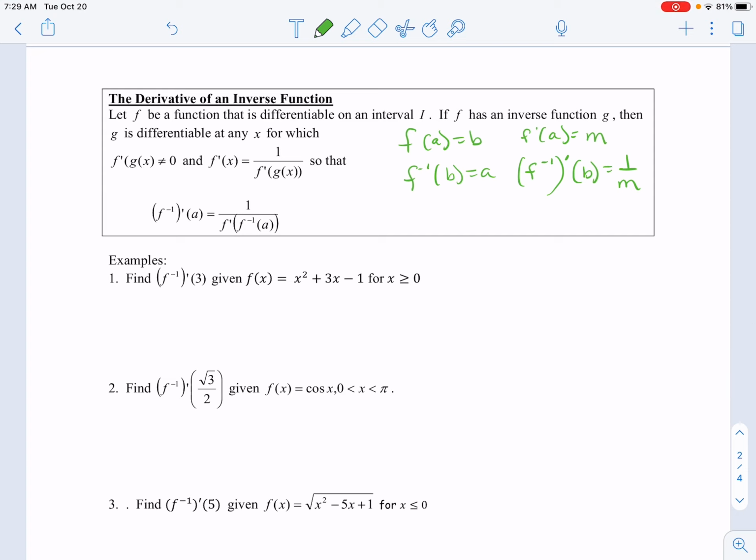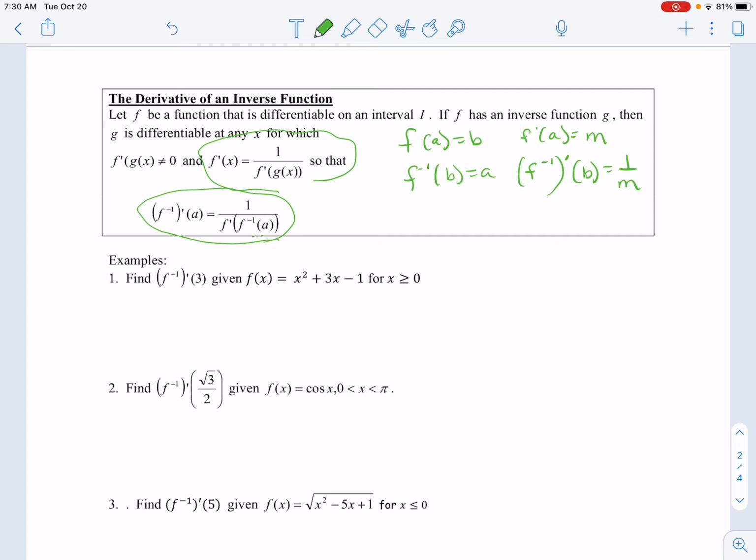Okay, so here, the derivative of an inverse. This to me is really confusing, but some of it I just think through, it's logical. It's the reciprocal of the derivative at the corresponding value on the inverse.